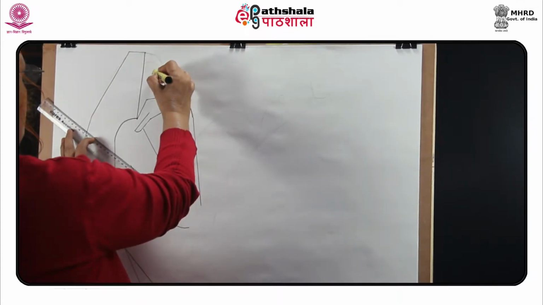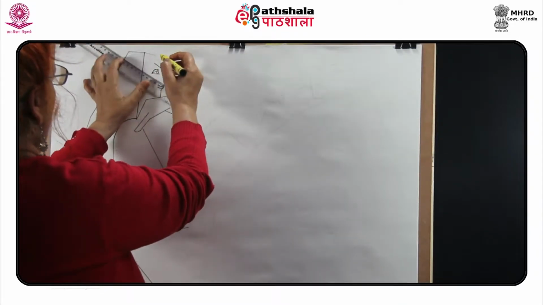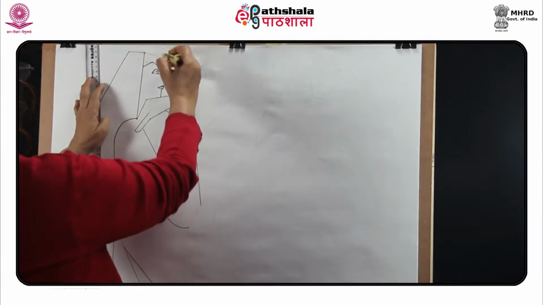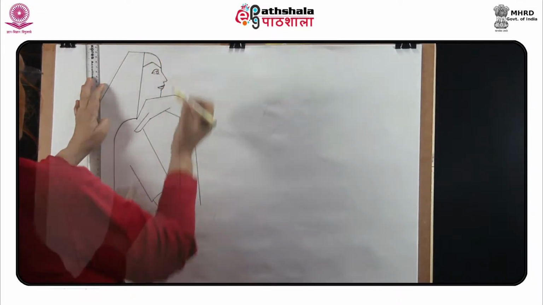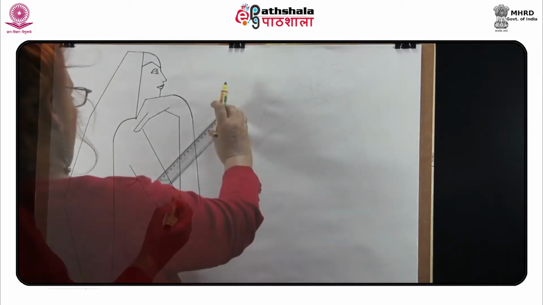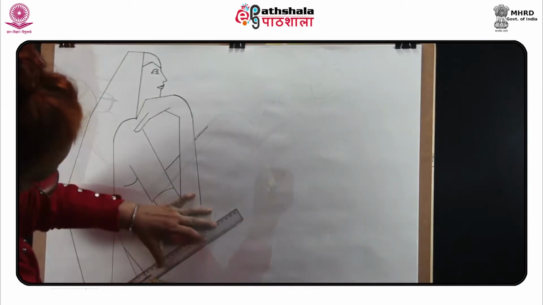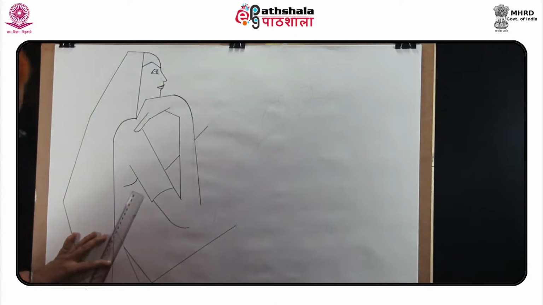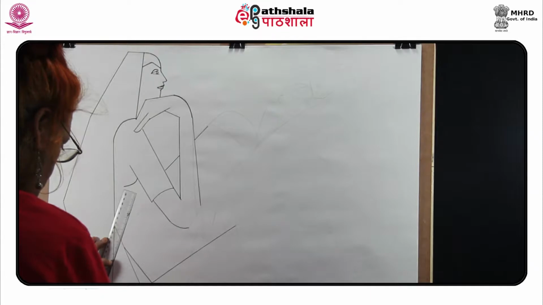Line is the visual path that enables the eye to move within the piece. Lines are optical phenomena that allow the artist to direct the eye of the viewers and give the illusion of depth.